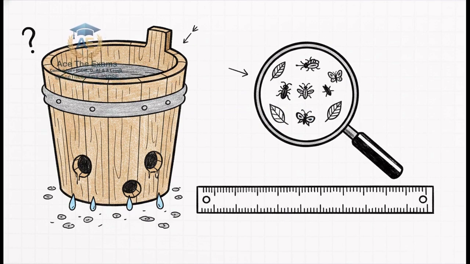Whether you are calculating species abundance, genetic variation, or ecosystem biodiversity, dropping your units, like individuals per unit area, is the absolute fastest way to leak marks. Examiners note this exact mistake year after year. A number without a biological unit is just a number. It is definitely not scientific evidence.